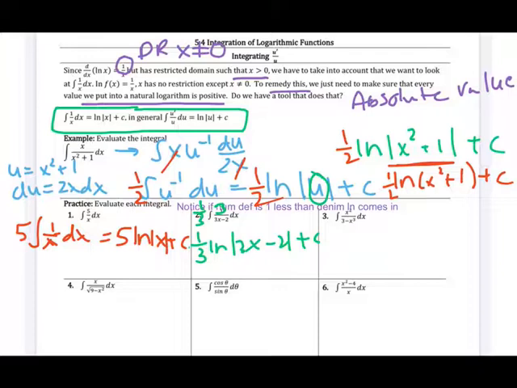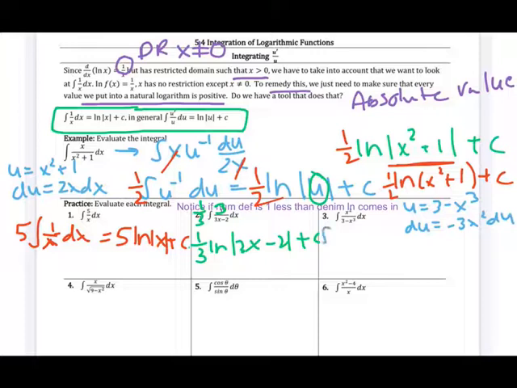On number 3, you can use the reverse chain rule again because the derivative of the denominator is going to be negative 3x squared. However, I just did one that way, so I'm going to do u-substitution on number 3. But again, if you see reversing the chain rule, go with that. That is a great shortcut to save yourself some time. So I'm going to let u equal 3 minus x to the 3rd. So du equals negative 3x squared dx.